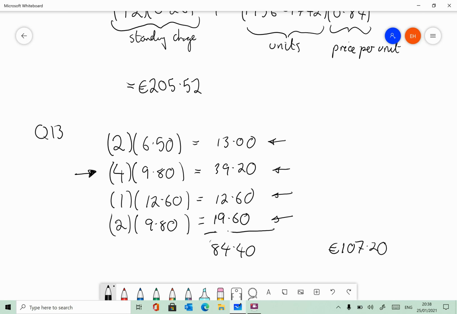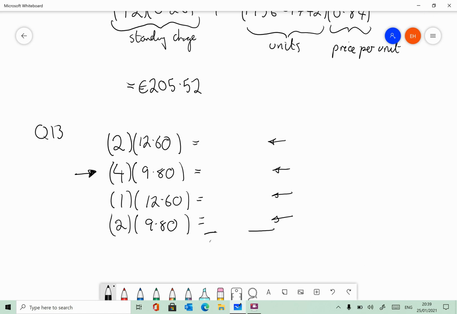Okay, so 2 parcels weighing 3.4. So 2 parcels weighing 3.4, that's going to be 2 12.60s. Sorry, my head is absolutely wrecked at the moment.